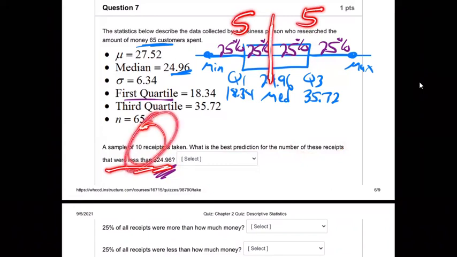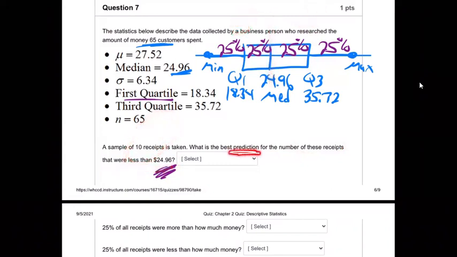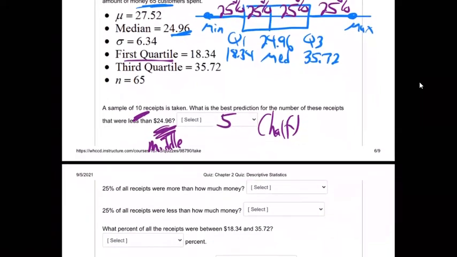But the best prediction, since 24.96 is the middle, is probably 5 below and 5 above. Half are below the middle, half are above. It's the best prediction. Next question.